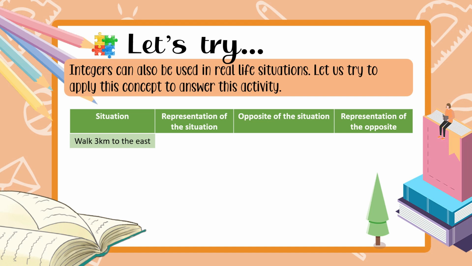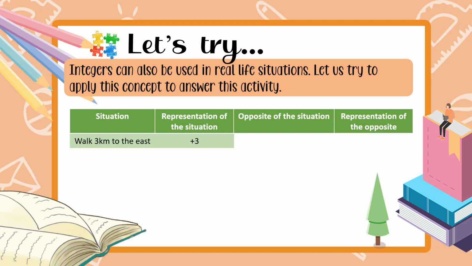So the situation, walk 3 kilometers to the east. So, sa compass, ang east ay nasa kanan or nasa right side. So, pag nasa right side tayo, andun yung ating mga positive numbers. Kaya, si walk 3 kilometers to the east, dahil east, kanan, positive, it should be positive 3.